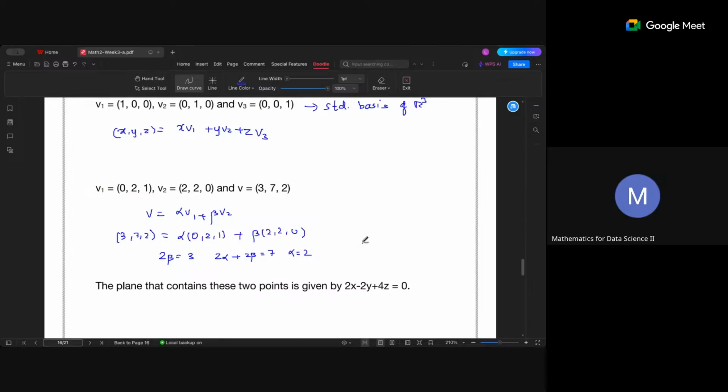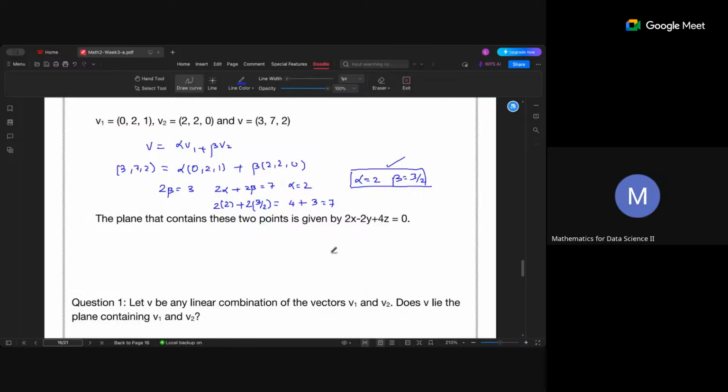So it means you have alpha equal to 2, beta equal to 3 by 2. Will it satisfy this equation? We have to check. 2 times 2 plus 2 times 3 by 2 is 4 plus 3, 7. Yes, satisfied. So this is a solution.